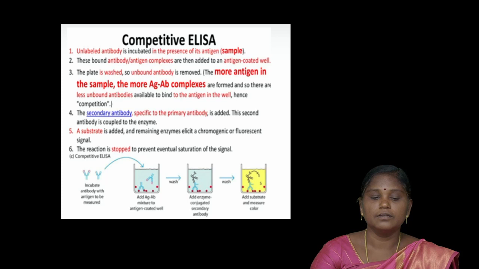In between, the reaction will be stopped to prevent eventual saturation of the signal, okay. Then the intensity of color will be measured and the antigen antibody quantification will be estimated. So okay, that is the competitive ELISA, right.